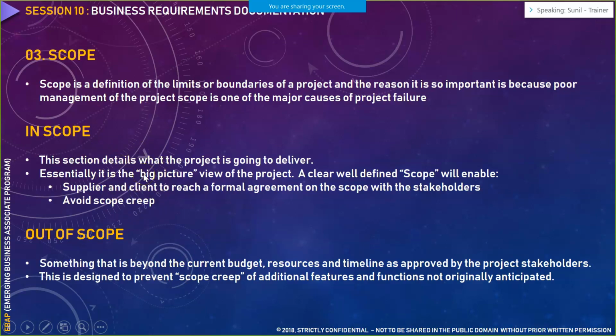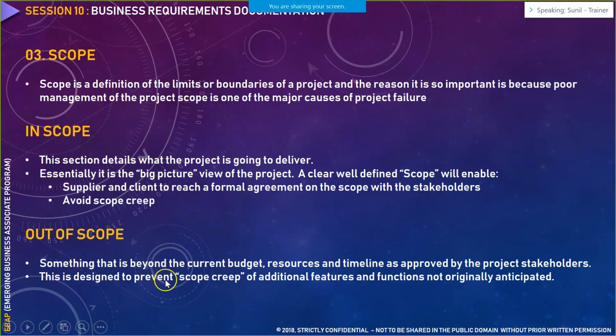So you as a business analyst have to do a lot of negotiation along with your project manager and whoever is the stakeholder, like your technical stakeholder or any subject matter expert, around defining the in scope element, because this is the element on the basis of which you would be giving your efforts and timeline for that particular project.